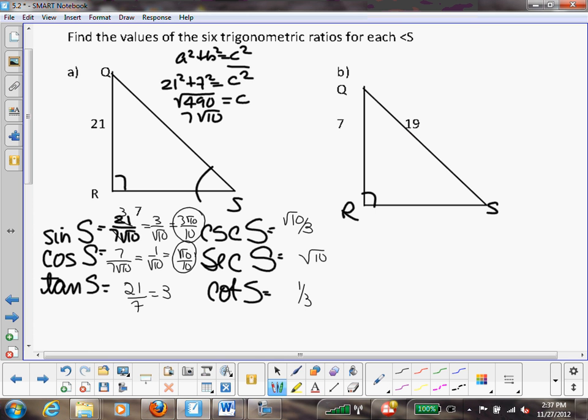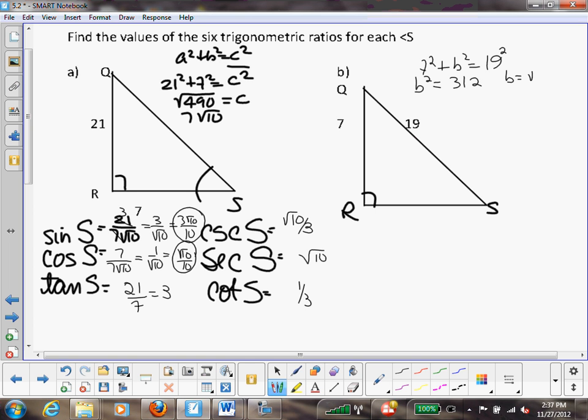I got to find RS. That means 7 squared plus B squared equals 19 squared. Agreed? Get it right. You get your values right, otherwise you're going to get a totally wrong answer. So that means B squared is, I get 312.